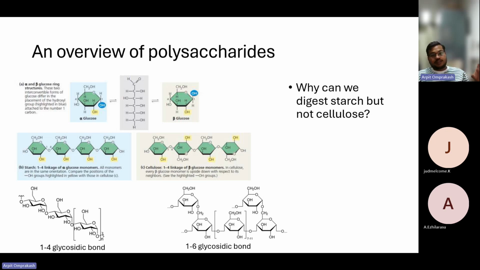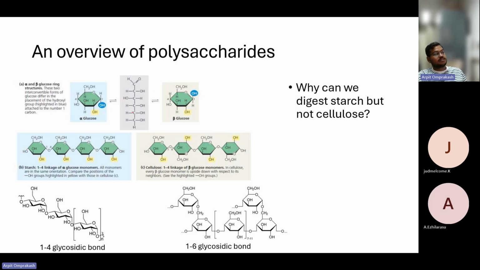In the next lecture, what we looked at was polysaccharides. Polysaccharides are polymers of sugars. The simplest sugar that we can think of here is glucose.